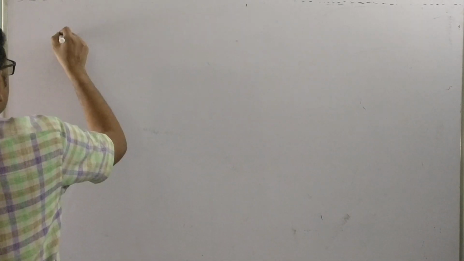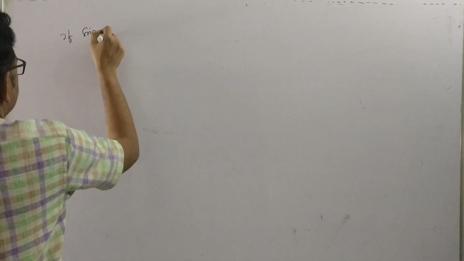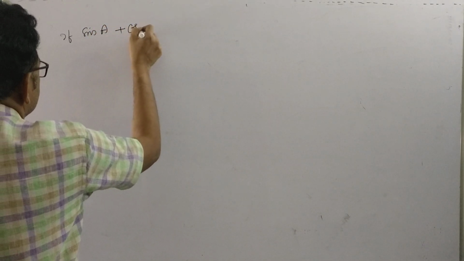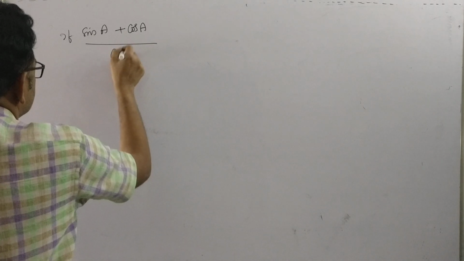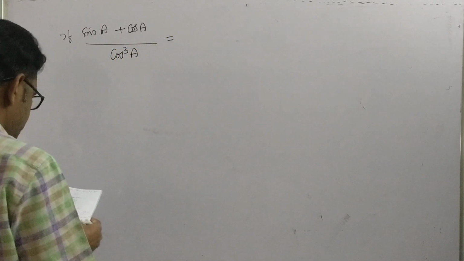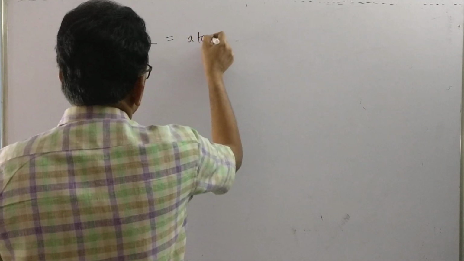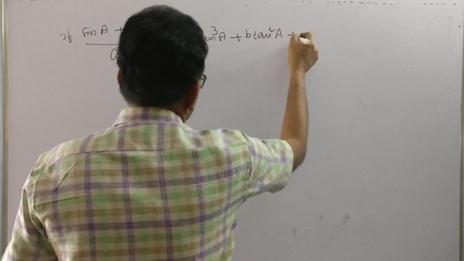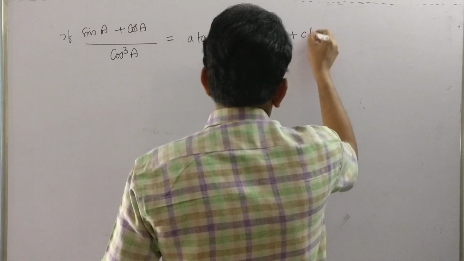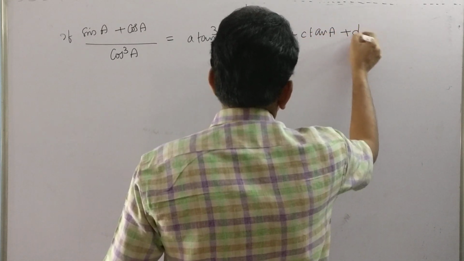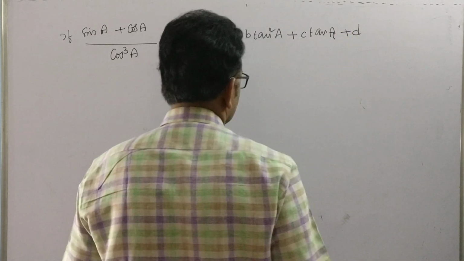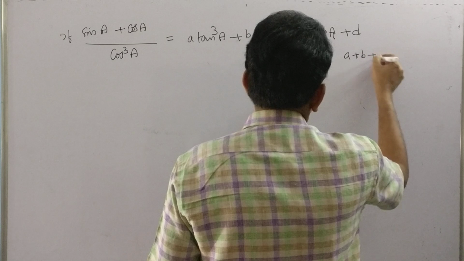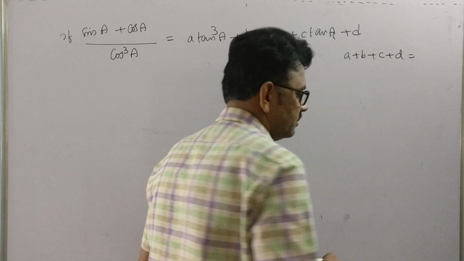Next one, if (sin a + cos a)/cos³a = a tan³a + b tan²a + c tan a + d, then a + b + c + d is equal to?